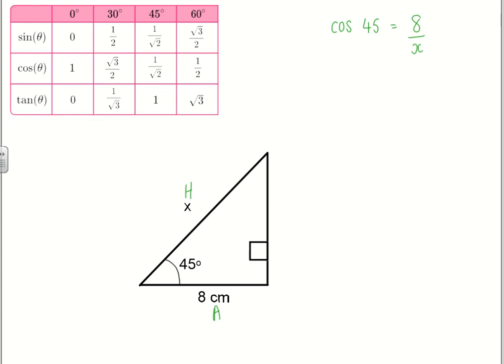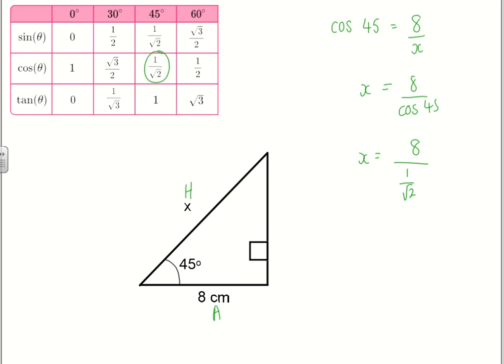Now cos 45 is 1 over root 2. So after we do our swapping, let's swap this round. So we get x equals 8 over cos 45, which gives us x equals 8 over 1 over root 2.